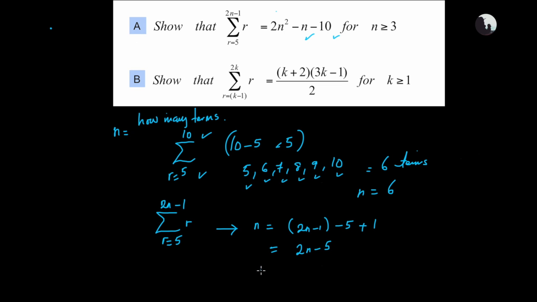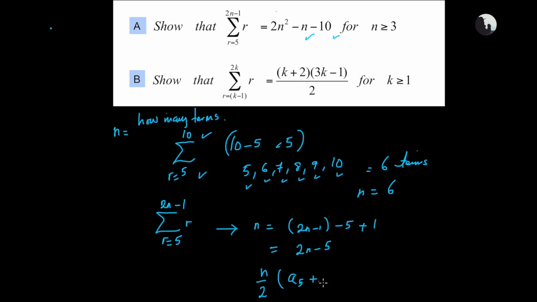So if you try to substitute into this formula, n divided by 2, a, your first term, but your first term is no longer when you substitute r equals 1, but now your first term will be a sub 5. When you substitute the value of r equals 5, that will be your first term, because you start counting from r equals 5.